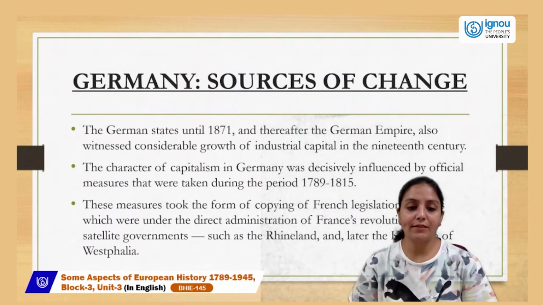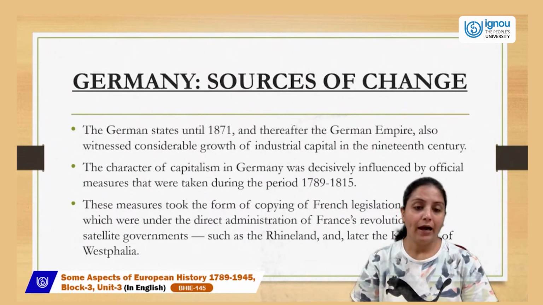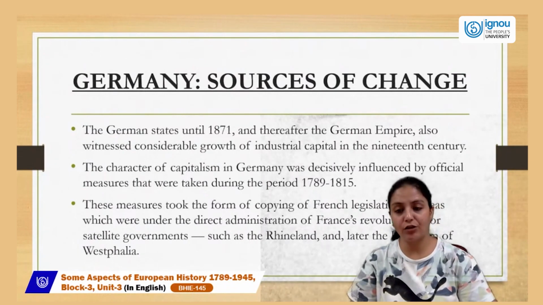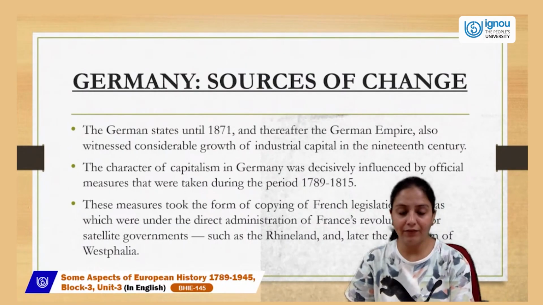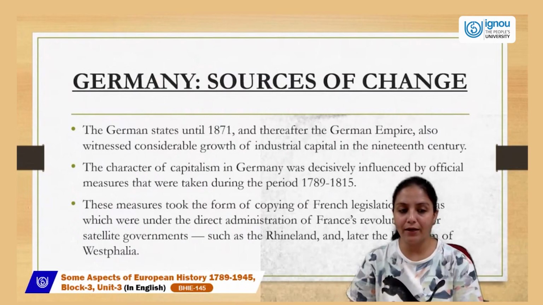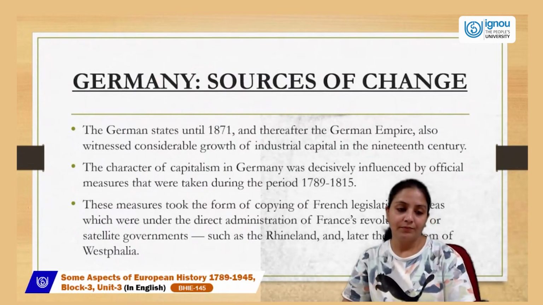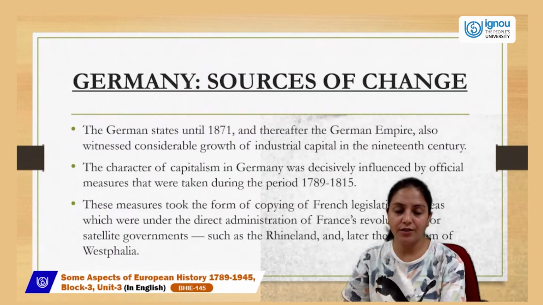These measures took the form of copying the French legislation in areas which were under the direct administration of French revolutionary or satellite governments, such as Rhineland and later the Kingdom of Westphalia. These were the sources of change in Germany.